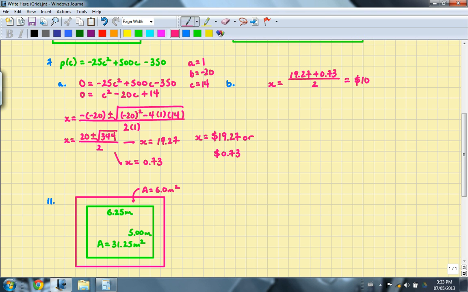And just for the sake of curiosity, if you wanted to find out what that revenue is going to be, you can just plug in 10 into the original equation. I'm doing this because you might be asked to do this for the quiz, of course, and just so you guys know how to do everything.